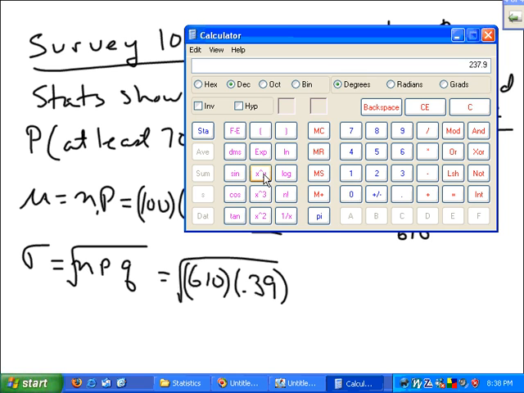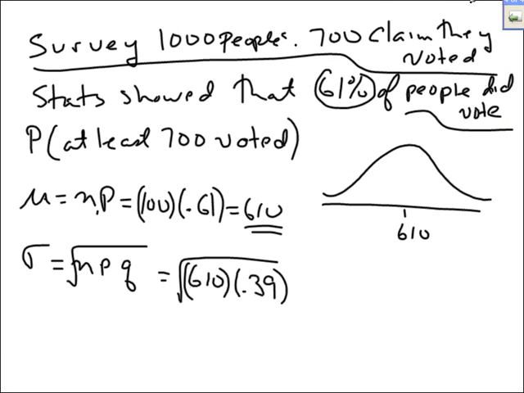Good. And then I raise this to the half power, which is square root. And I get 15.4. We'll use that. 15.4.